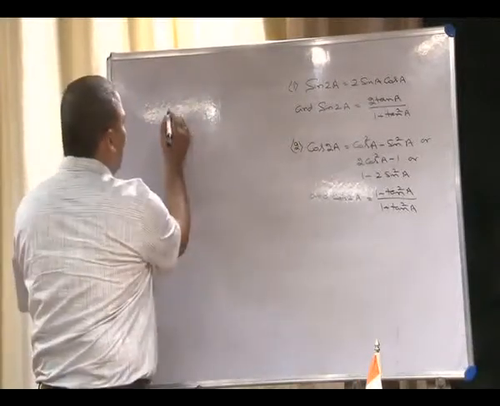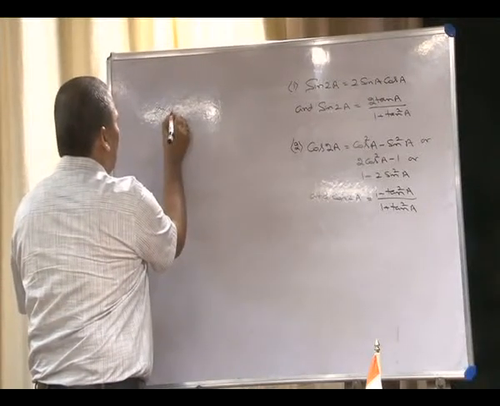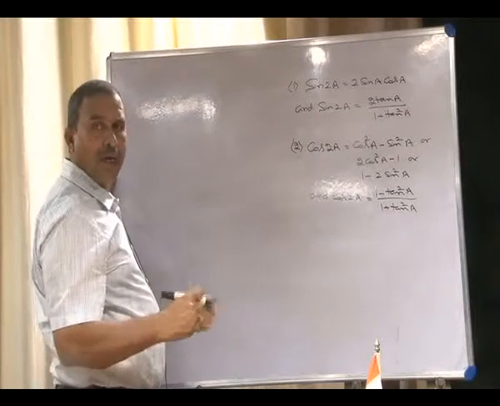Now I will take the formula for tan 2A. The multiple angles are 2A and 3A.